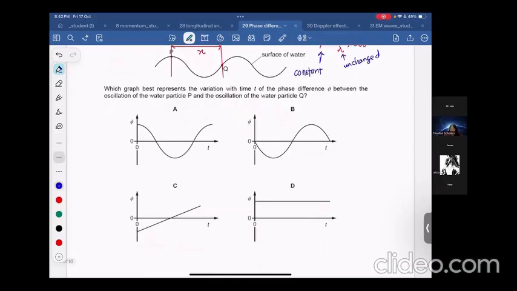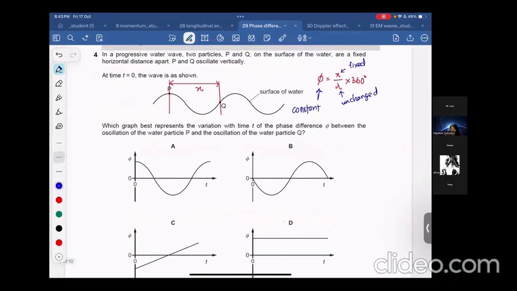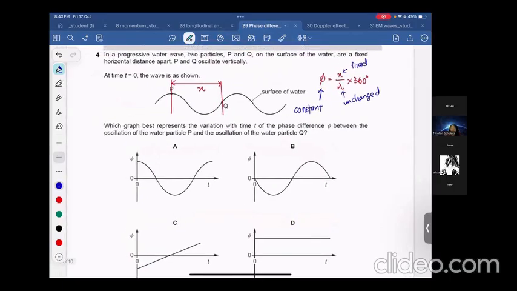Your answer should be: nothing changed. Fawal, correct. Vashini, correct. Clement, correct. So you get the idea. No matter how time changes, the two particles just stay at their own places moving up and down, and the distance between them doesn't change at all.